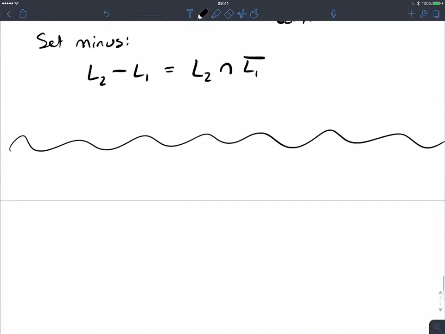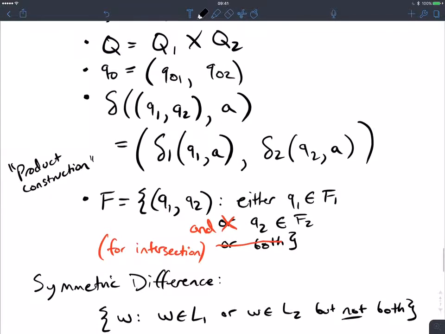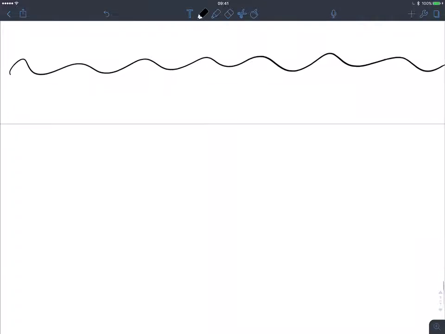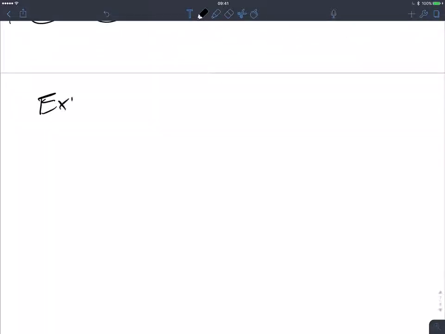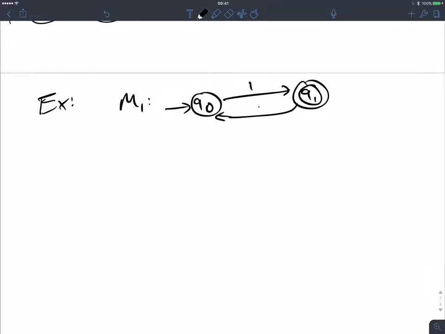Okay, so this was a lot of theory, so let's actually do one example. Let's have 2 DFAs. Let M1 be this DFA: Q0 is the start state, Q1 is final, with transitions on 0 and 1.